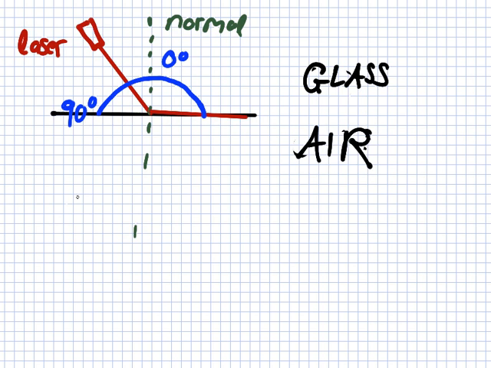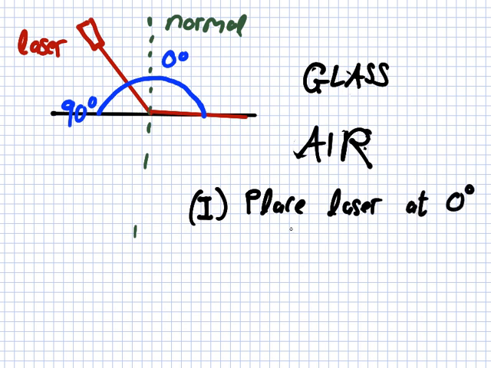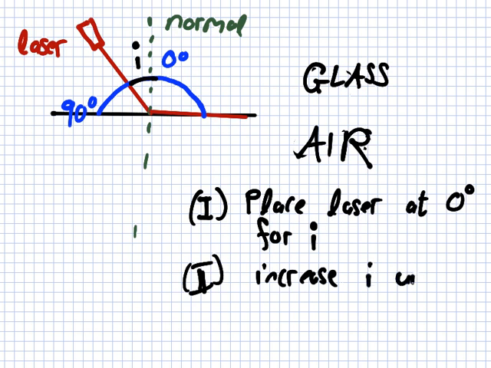This isn't going to be enough marks. You would need to put down some steps. So you would say: step 1, place the laser at 0 degrees for I, and this angle here is I. Step 2, increase I until r equals 90 degrees, and this angle here is r.